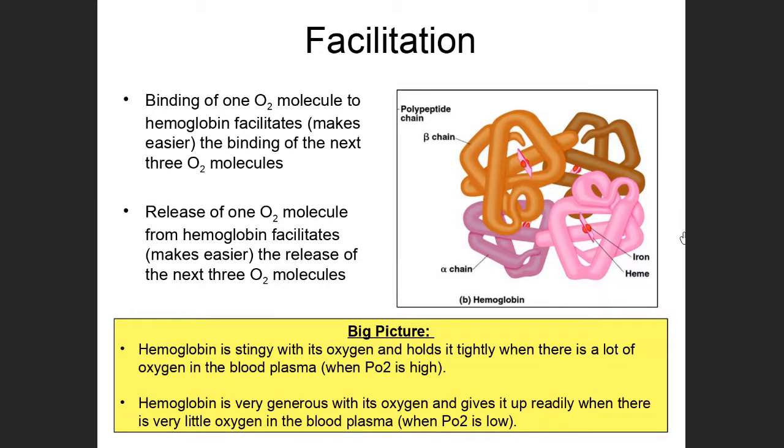And the reason for this, of course, is if there's little oxygen in the blood plasma, we certainly shouldn't have oxygen hanging out in the red blood cells where it can't be used by the tissues. Instead, we need to give that oxygen to the plasma where it can then diffuse into the tissues of the body. So that's the process of facilitation. Again, just describing how hemoglobin binds to oxygen and the fact that that will change based on how much oxygen is in the plasma.